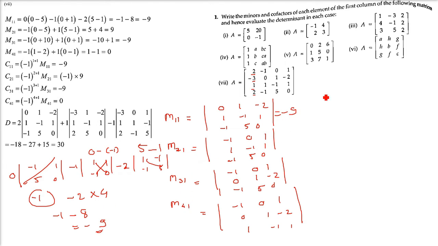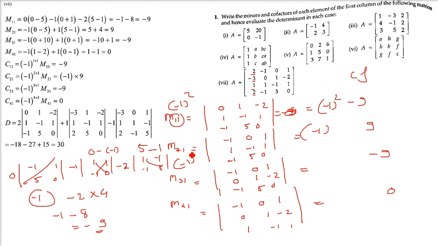So I'll just write the minus 9. Here you will get, I hope you will be able to do it. It will be 9. The next one will be negative 9. And this will be 0. These are the minors. In order to find out the cofactor, negative 1 to the power 1 plus 1, it will be 1 only. Negative 1 to the power 2 plus 1, it will be negative.